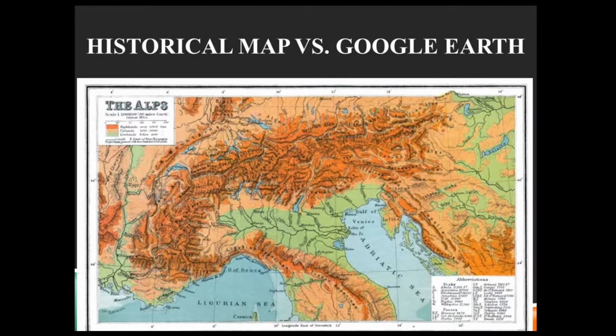Now, the Alps are pretty cool because being in Europe, they've been studied and mapped for a long time, and they studied them so much that the ancient maps of the Alps are some of the best maps from that time period.